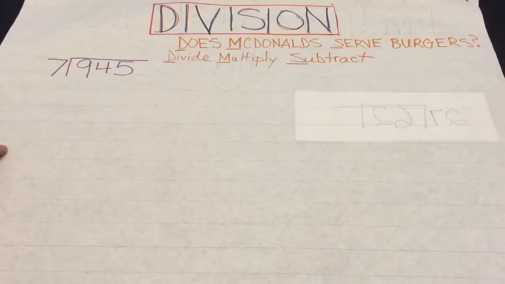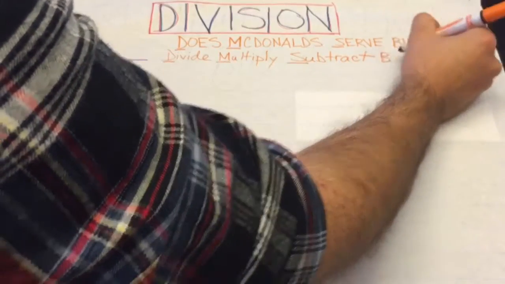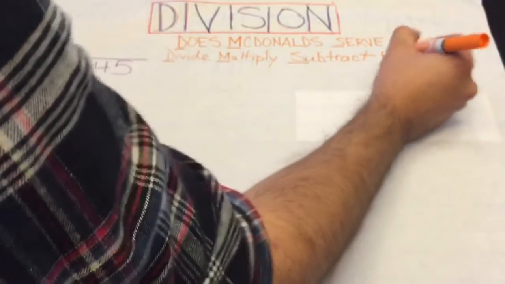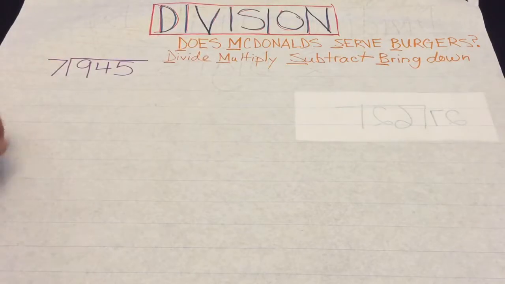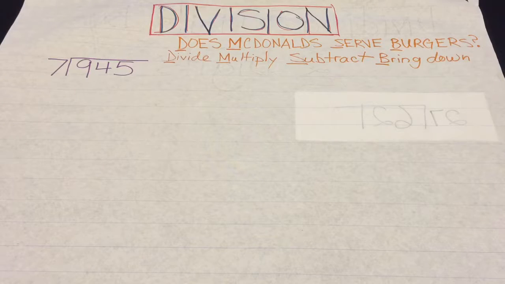And lastly, the last step that we do for each digit in division is we bring down. We're gonna do these steps a little bit more in detail, but it's important that you understand and know this phrase. Bring down, the B. So our steps are going to be divide, multiply, subtract, and bring down. And then we're going to repeat, and you'll see that as we continue on.